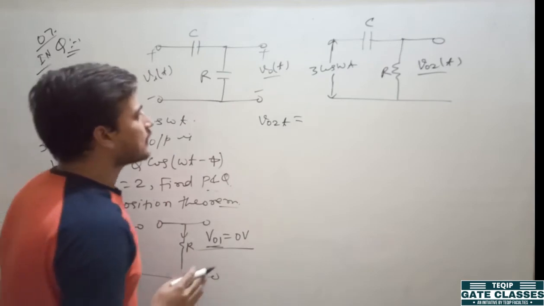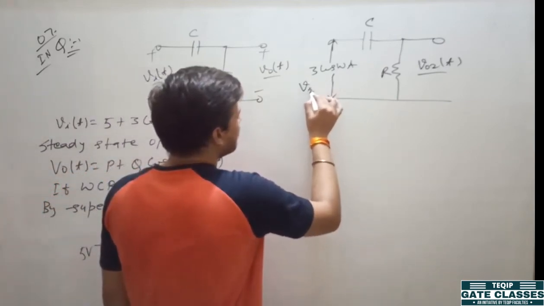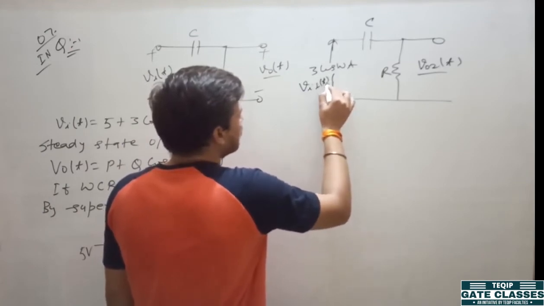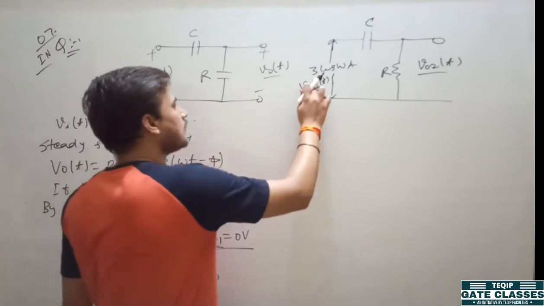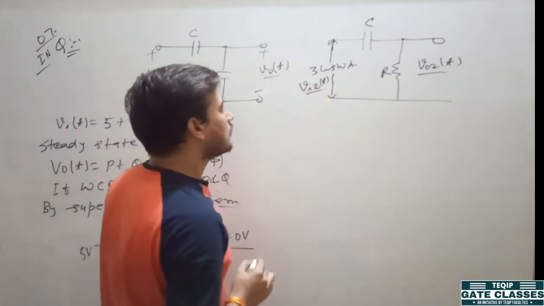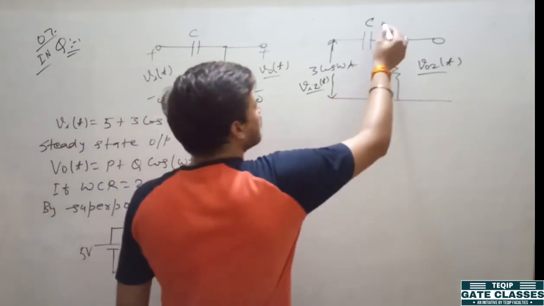Let us see how to solve this type of question. Suppose this is Vi2(t), and this is Vo2(t). So you write in Laplace domain, this will be replaced by 1 by Cs.